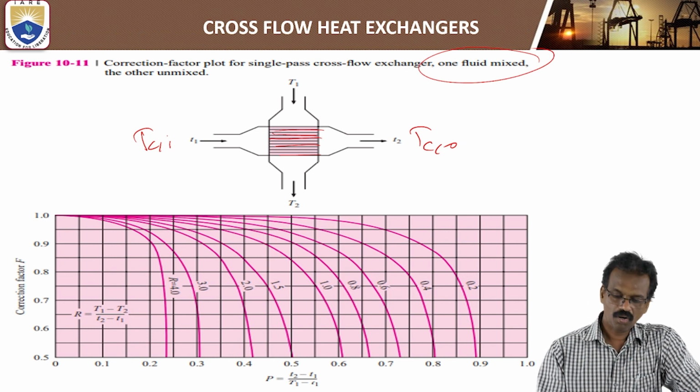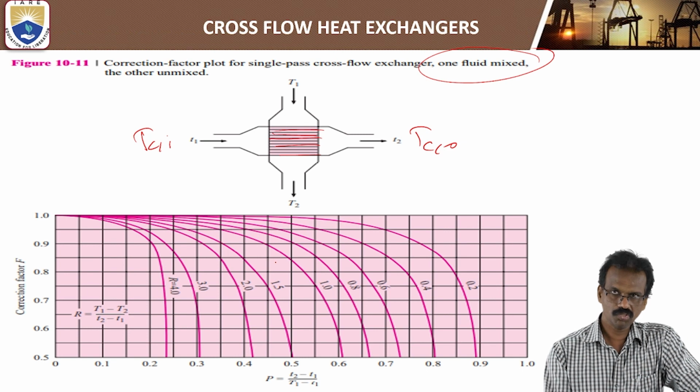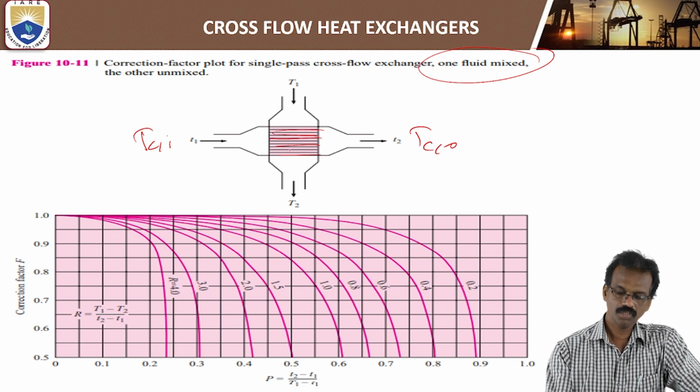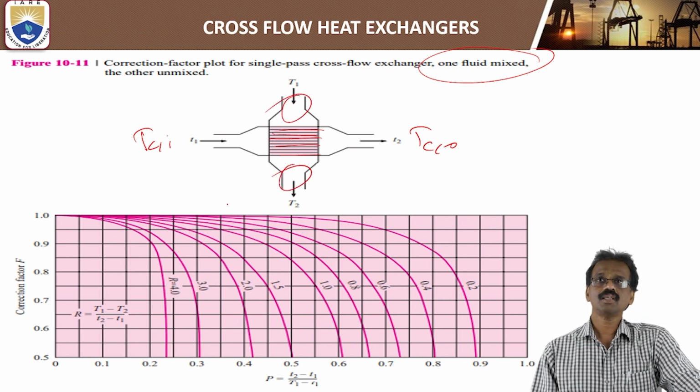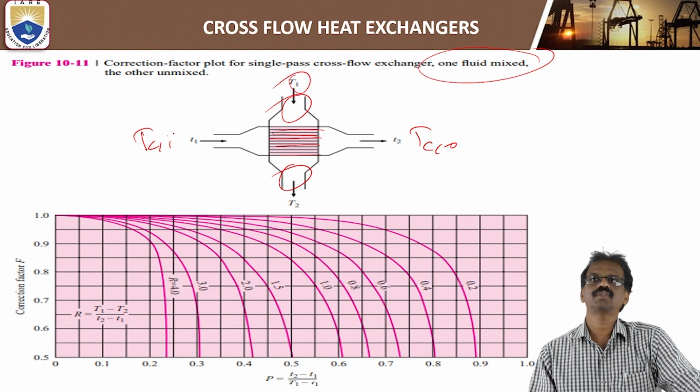But the hot fluid is flowing in the same cell, with no individual pipes. So the flow is a single cell. Here the hot fluid is mixed, and the cold fluid does not mix.